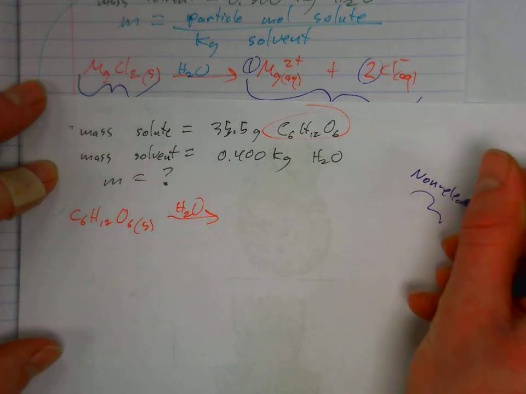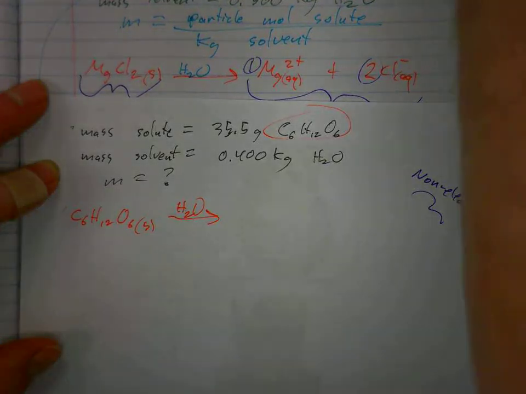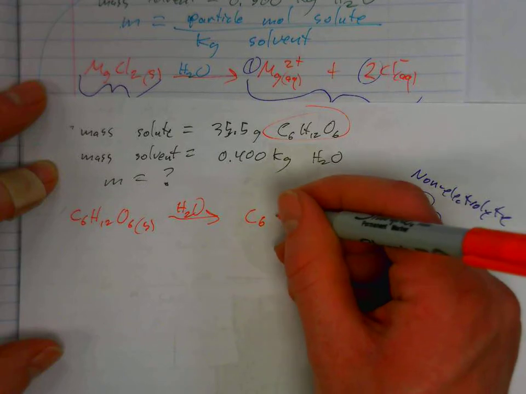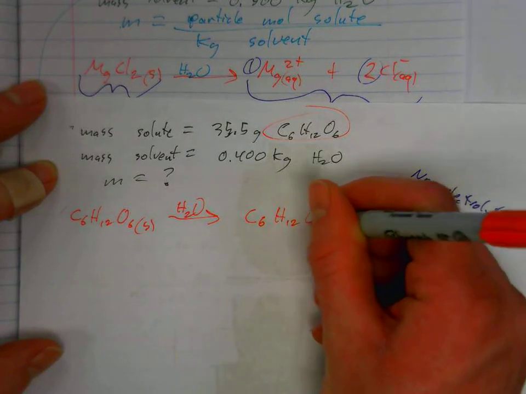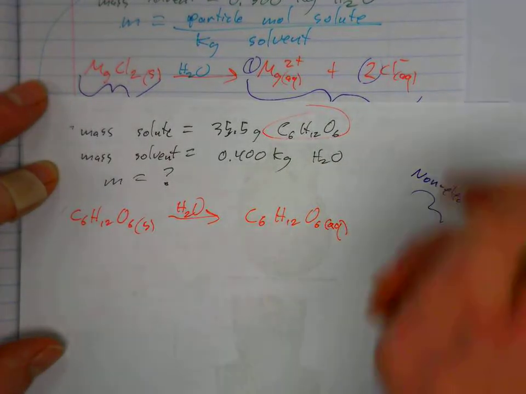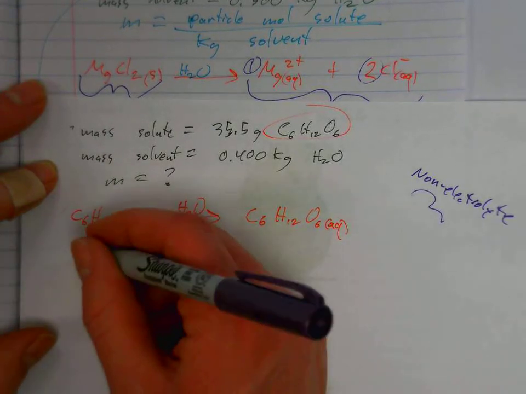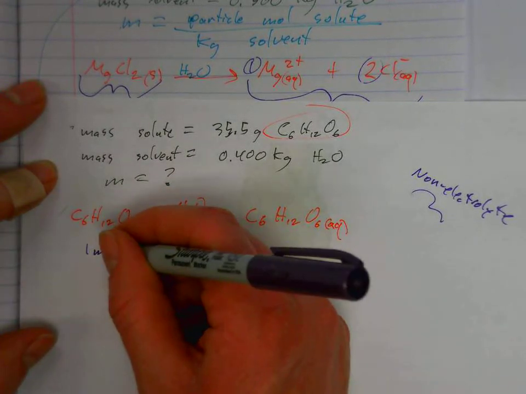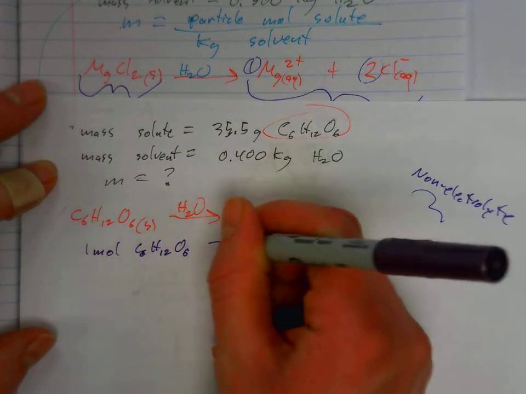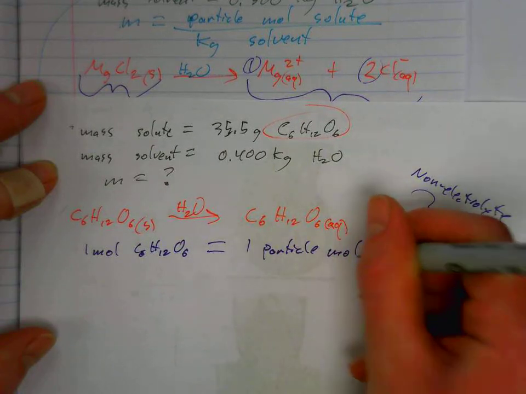It continues to be a molecule of C6H12O6 when it dissolves. So in this case, the number of particle moles is equal to the number of moles of the compound. So for every 1 mole of C6H12O6, we also have 1 particle mole. Well, that makes our life a little easier. We can just start with the grams, convert it to moles, and plug it straight into the equation.